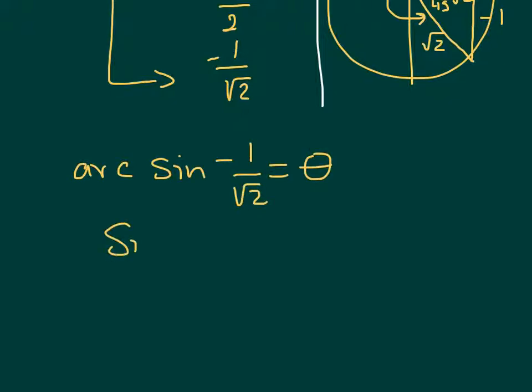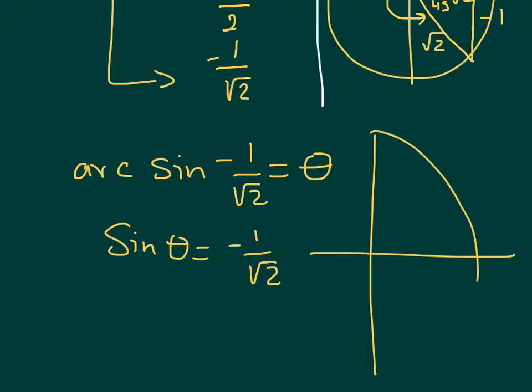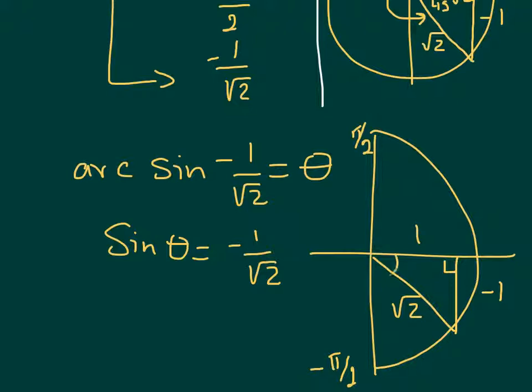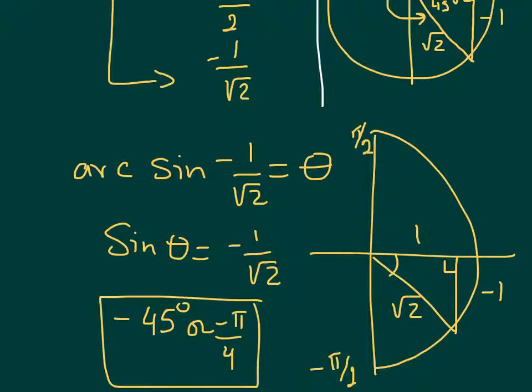That means the sine of what angle will give you negative 1 over rad 2. Now we know the sine inverse has to be from negative pi over 2 to positive pi over 2. And so because it's a negative angle, I'm going to go to quadrant 4. This is opposite over hypotenuse. This is the adjacent, so the angle will be negative 45 degrees or negative pi over 4. In that case, you have to give me both.